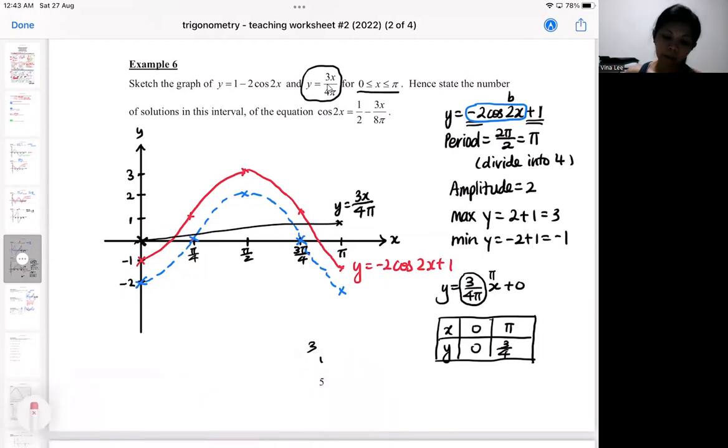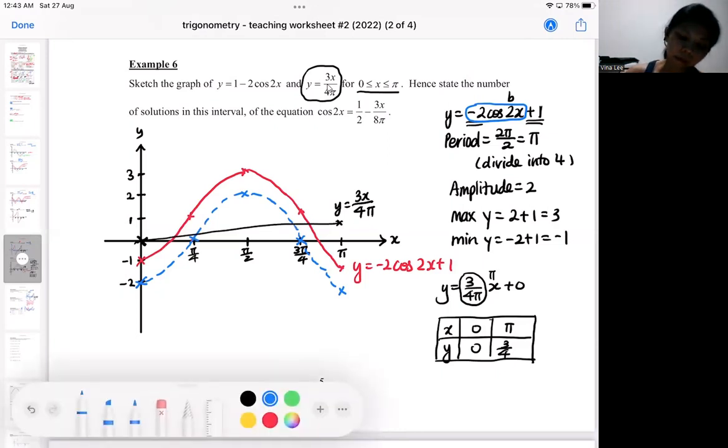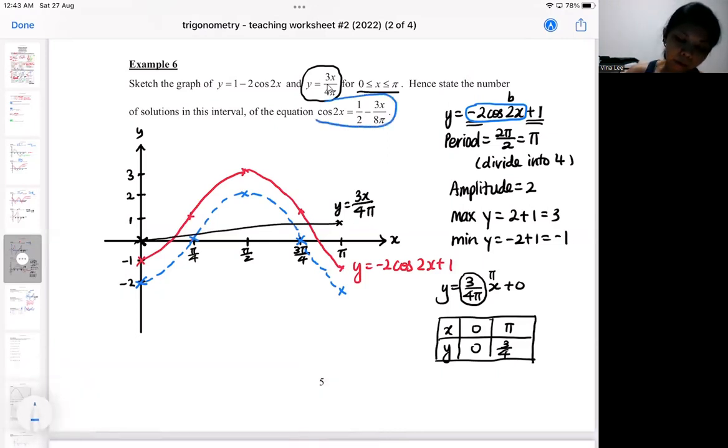Your table can be 2 points or 3 points. And we want the number of solutions to this equation. Your job is to manipulate this equation until you can get back to the two graphs, so that it leads you to the intersection.